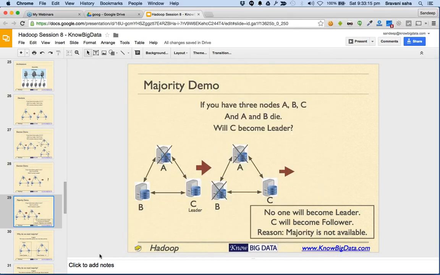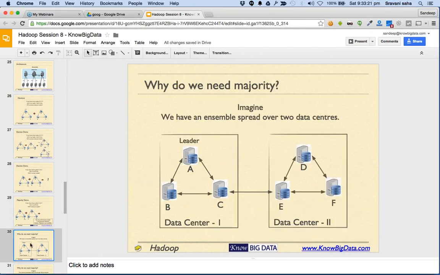I'll try to describe it again, graphically. Imagine there are two data centers, data center 1 and data center 2. Let's say in each data center there are 3 nodes, which means 6 nodes.